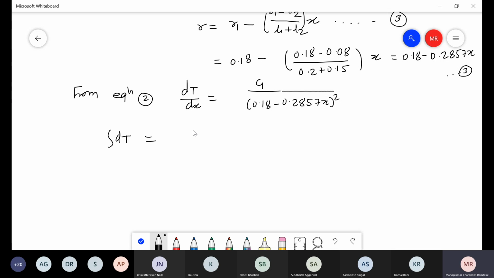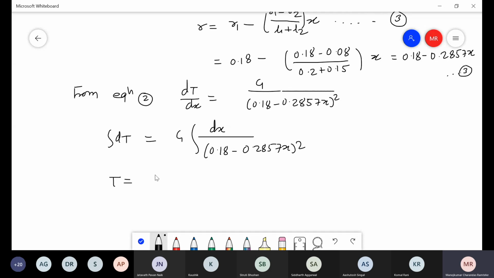dt is given as the integration of c1 dx divided by 0.18 minus 0.2857x square.